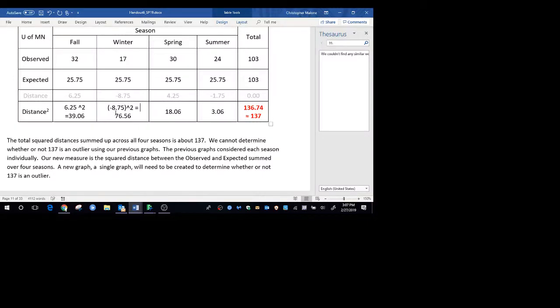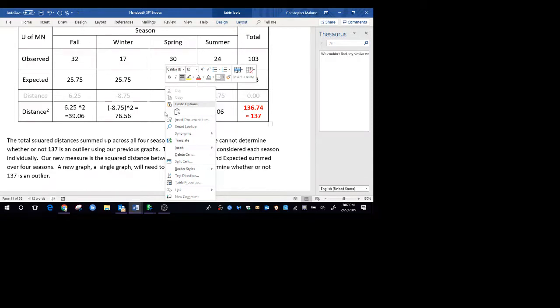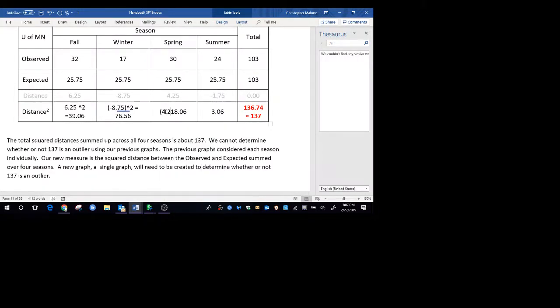That's where that 56.56 is coming from. And obviously when I do that squaring, I get rid of the negative. Where did this one come from? The 4.25 squared is where we're getting 18.06. And then finally, the negative 1.75 squared is where we're getting the 3.06 value from.